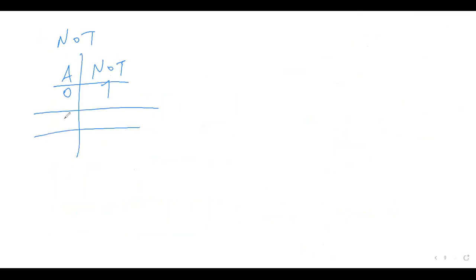If you have an input 1, the output of a NOT gate is 0. I think the NOT gate looks like this: input A, output NOT.